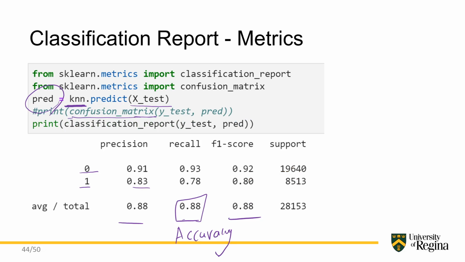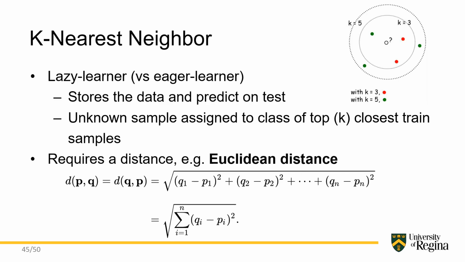We were probably just lucky that we got 88 for all of them. We'll cover these in detail later. Just remember that we need to use different metrics to provide some report and evaluate our models.